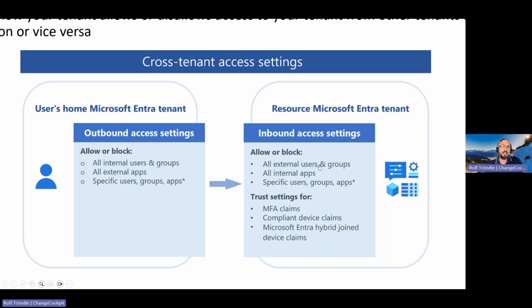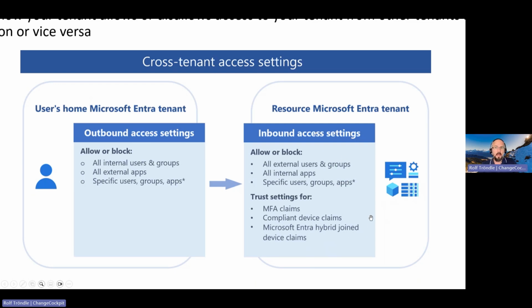And on the inbound access settings, we can also configure trust settings. We can trust the MFA claim from, in this case, the user's home Microsoft Entra tenant. So if the user already did MFA inside their tenant, we can still trust this, so this user doesn't have to do another MFA prompt or satisfy another MFA claim again when accessing resources from this destination tenant.